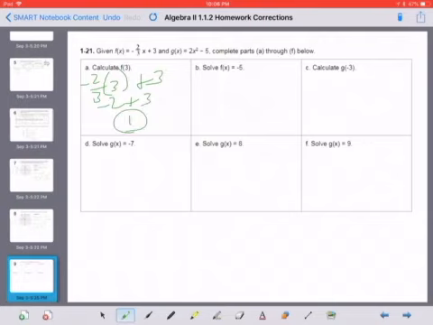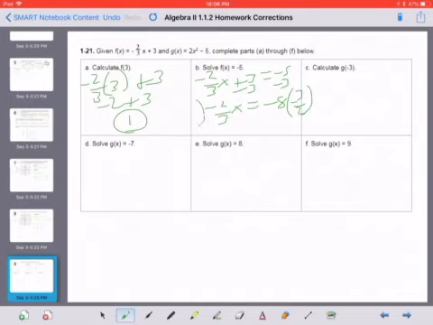In B, we're solving when it's equal to negative 5. So we have negative 2/3 x plus 3 equals negative 5. So if we subtract 3 from both sides, we're going to get negative 2/3 x equals negative 8. Times the inverse, these cancel, and I get x equals 12.